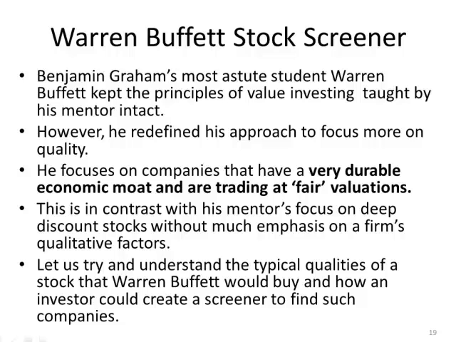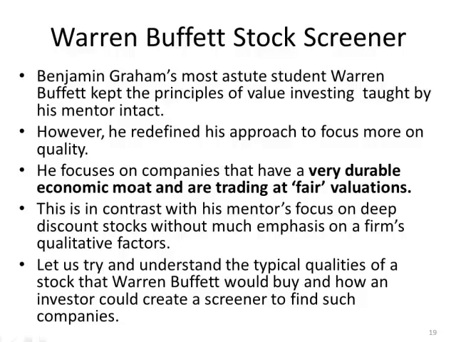In comparison, Graham's approach is looking for companies that are extremely cheap, rather than companies that are fair valuations but have strong moats. So this focus on the economic moat means there's more of a focus on a firm's qualitative factors. That's one of the features of Warren Buffett's approach and how it differs from Benjamin Graham's approach.